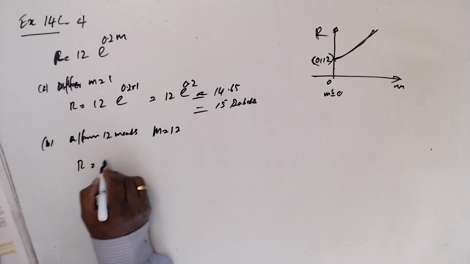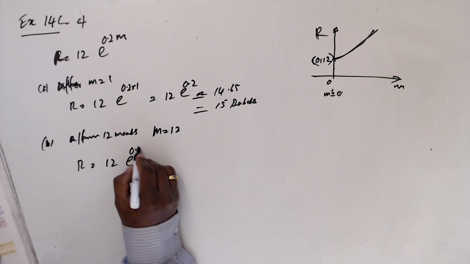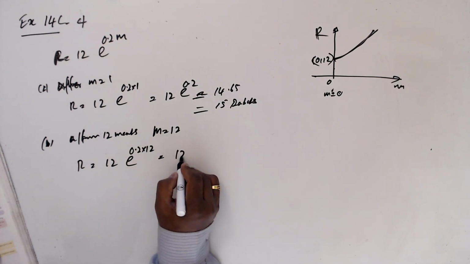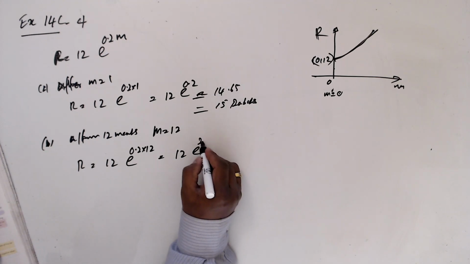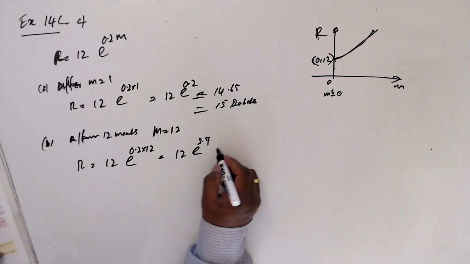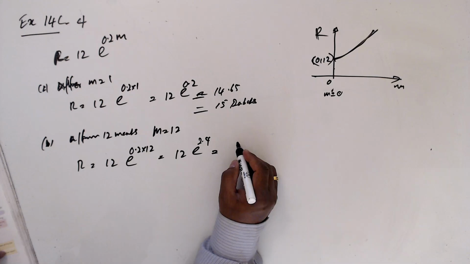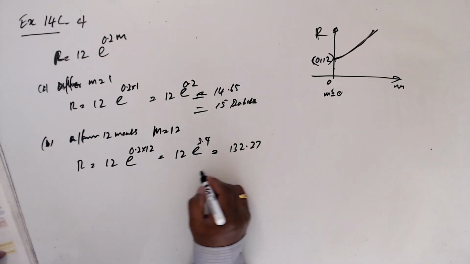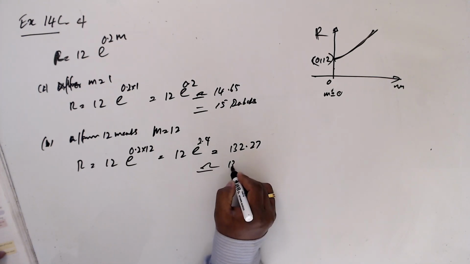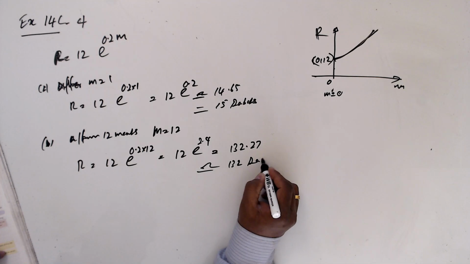So R equals 12e^(0.2 times 12). 0.2 times 12 is 2.4. So this is going to be 132.27, so approximately 132 rabbits.